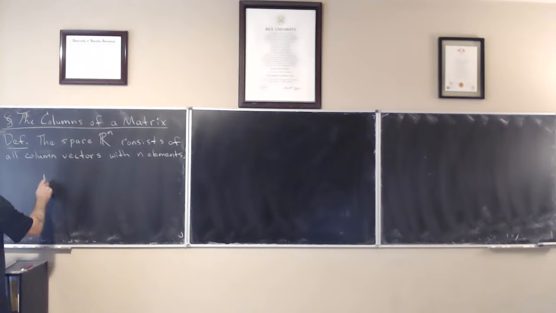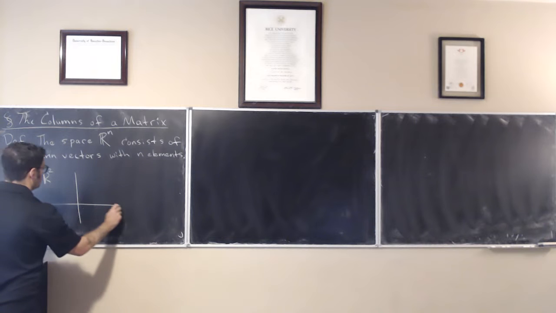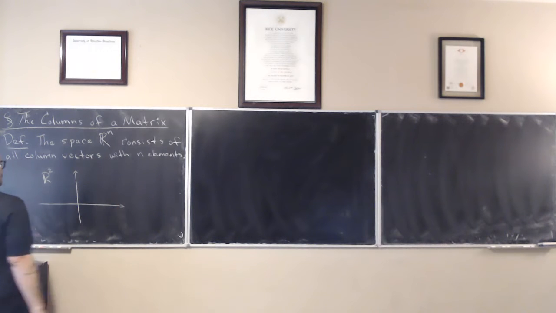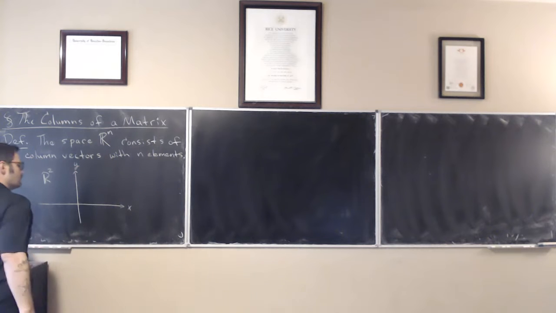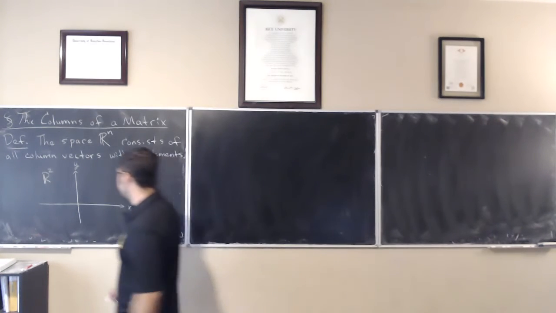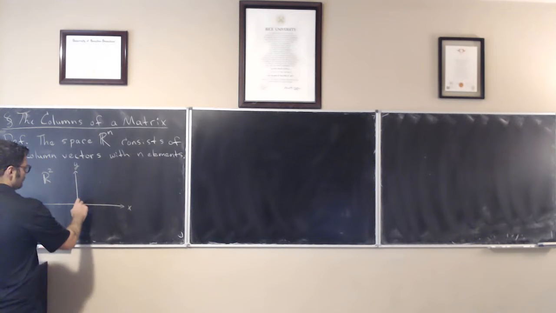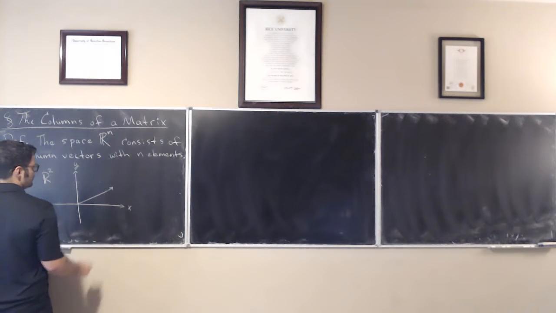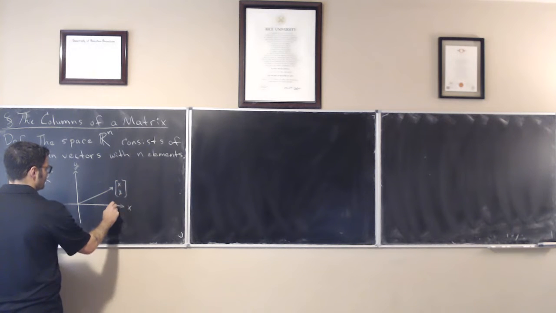So, for example, R2, of course, is the two-dimensional XY Cartesian plane. We're familiar with that. And every point in this plane, anywhere you pick, can be represented as a two-dimensional vector, maybe x naught, y naught.